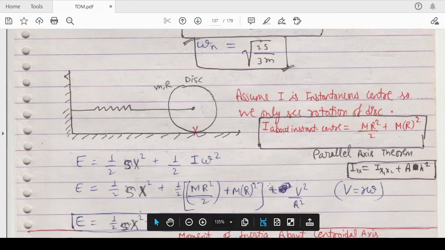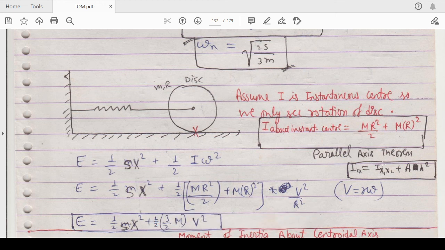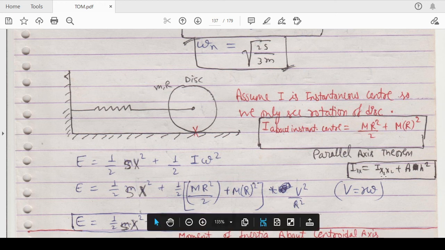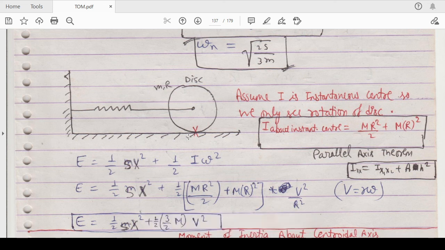In this way you can calculate different kinds of setups, and you can also use the parallel axis theorem, I equals I centroidal plus m h square. This is useful when there is a rotation of a disk about the point of instantaneous center.